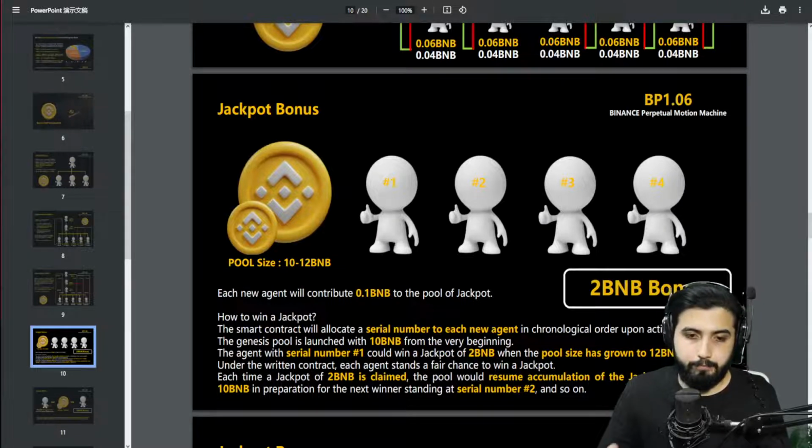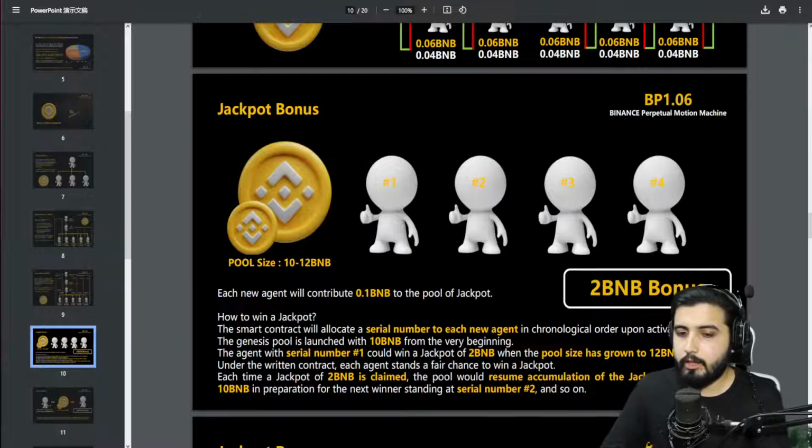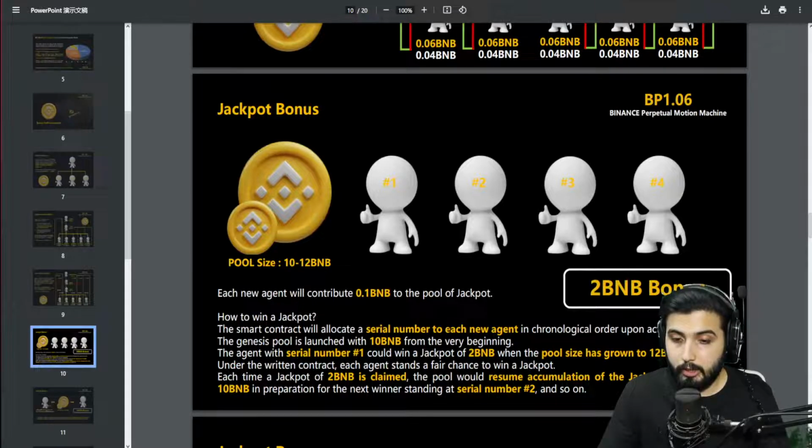And then the Genesis pool is launched with 10 BNB from the very beginning. The agent with serial number 1 could win a jackpot of 2 BNB when the pool size has grown to 12 BNB. So it's not that by coming early, by being the first activator, you have more chances of winning the jackpot, but there's a jackpot bonus.